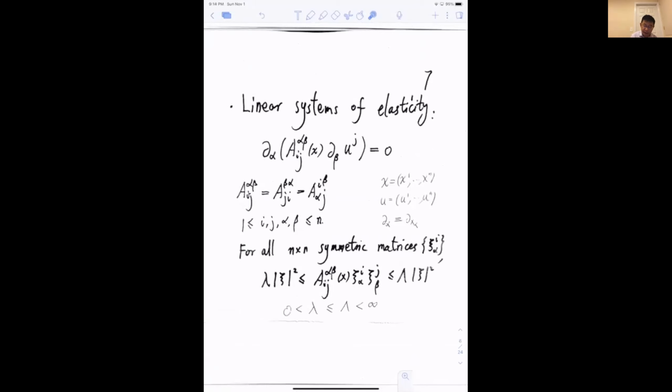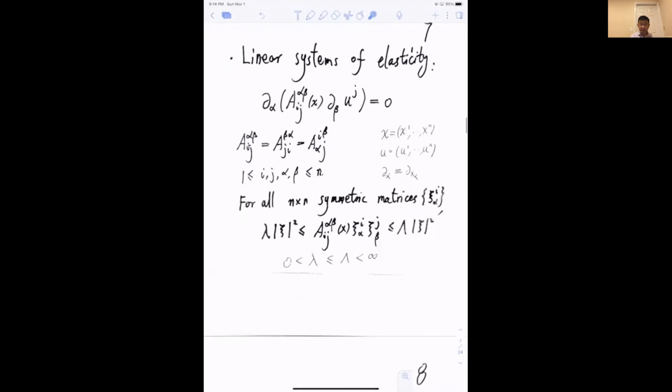It has symmetry: when you switch ij and alpha beta, they are the same, and you can also switch i alpha, and they are the same. It corresponds to the translation and rotation invariance when you set up the equations, so you end up with this symmetry.